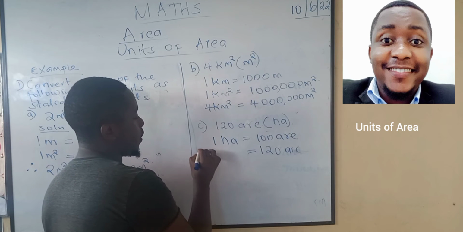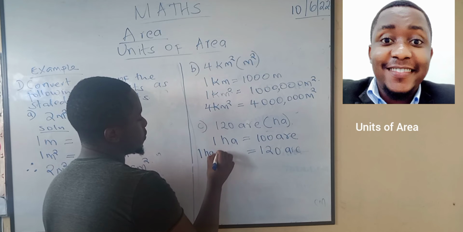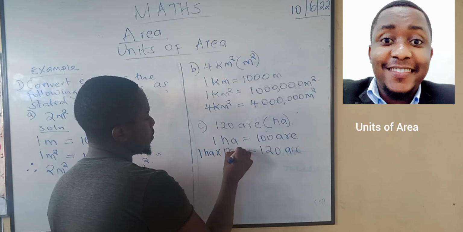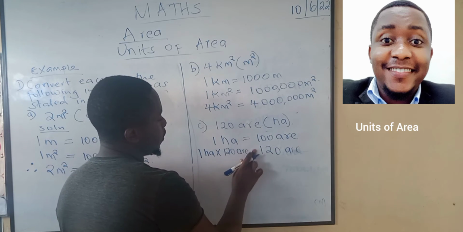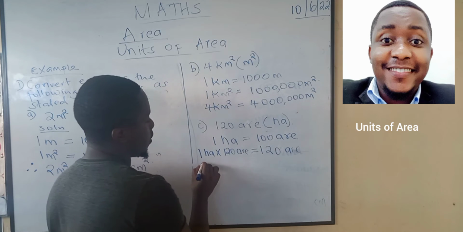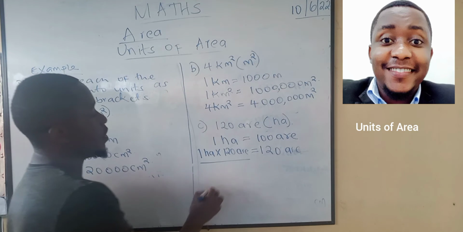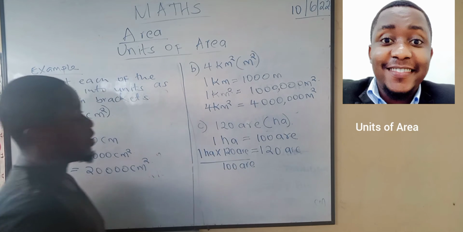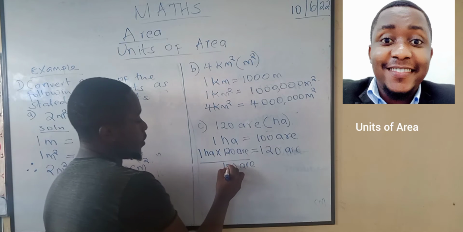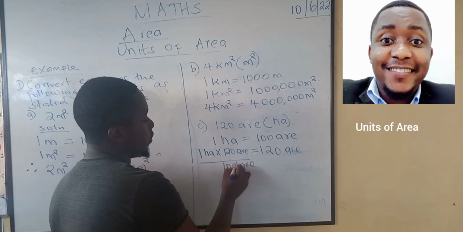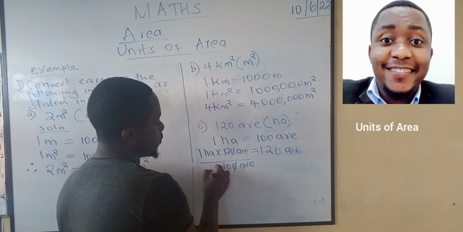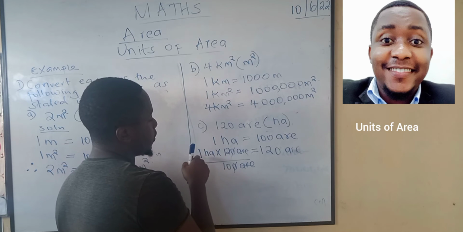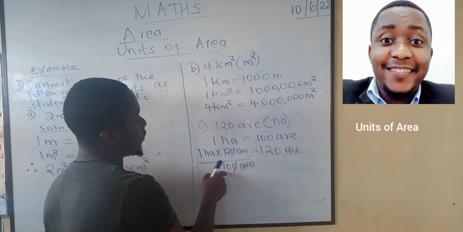So multiply 1 hectare times 120 acres divided by 100 acres. Now the acres will cancel. Also the zero will cancel there, and we'll remain with 1 hectare times 12 over 10.